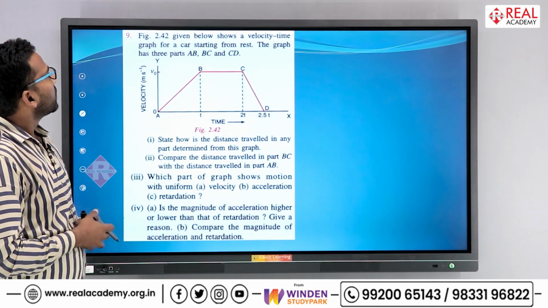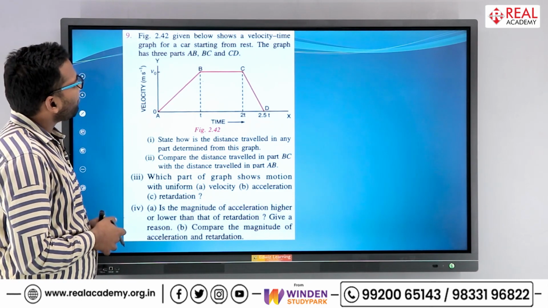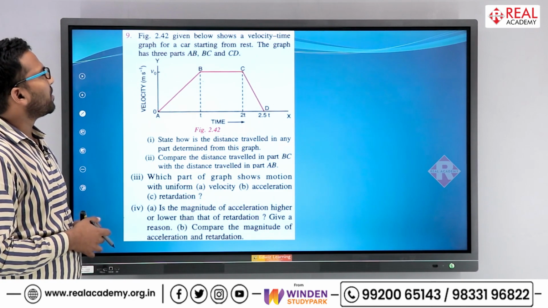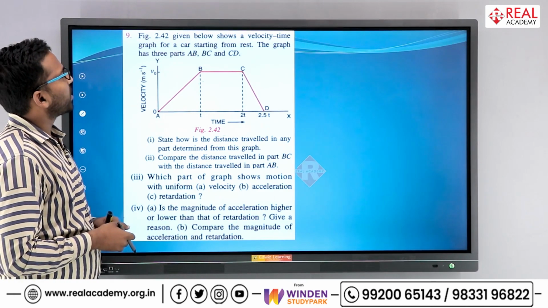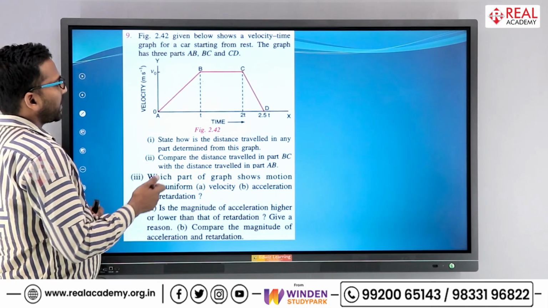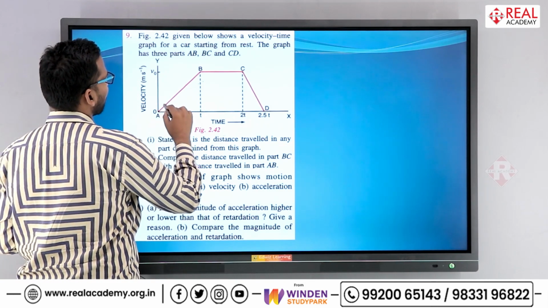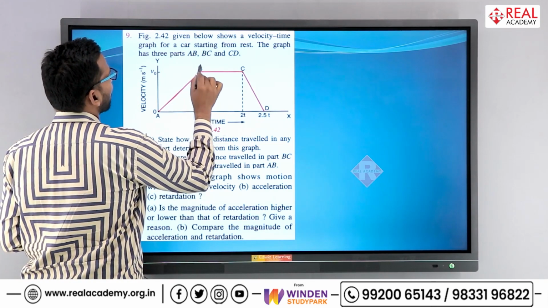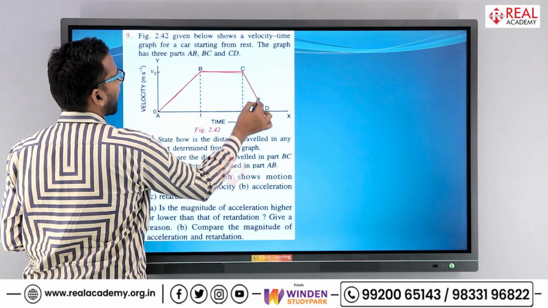Okay, that is question number 9. Figure 2.42 given below shows a velocity time graph for a car starting from rest. The graph has 3 parts: AB, BC and CD.